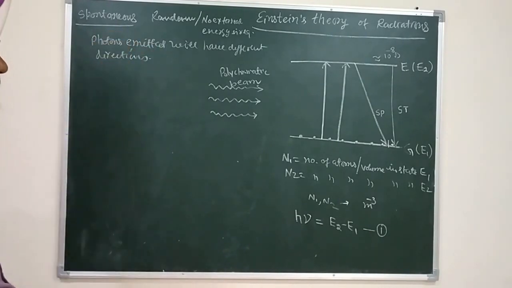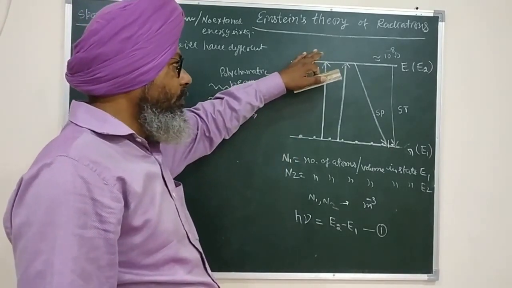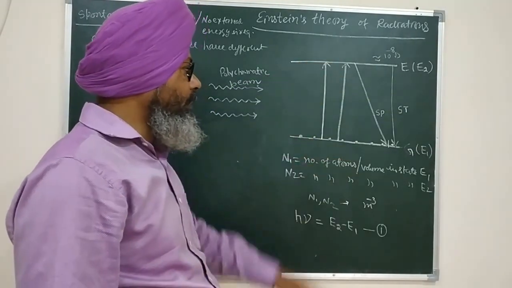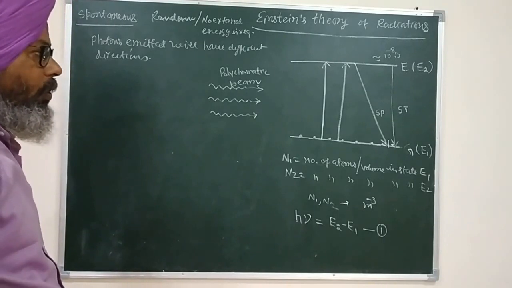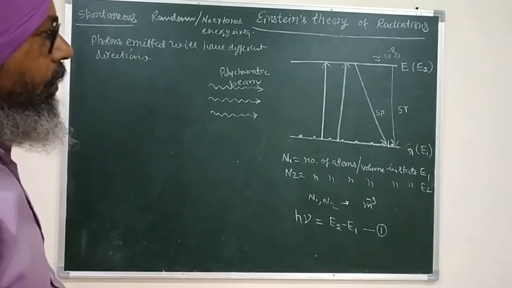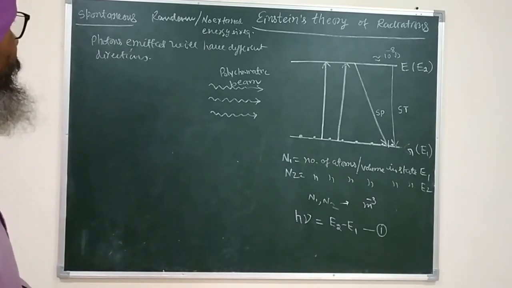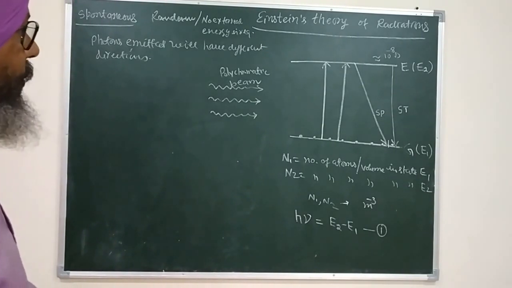Although they will have the same energy, because all of these are de-exciting from E2 to E1, so the energy of all these photons will be E2 minus E1. However, the directions of these photons will vary from one to another. So these photons will not be traveling in one direction, and obviously these will be non-coherent.